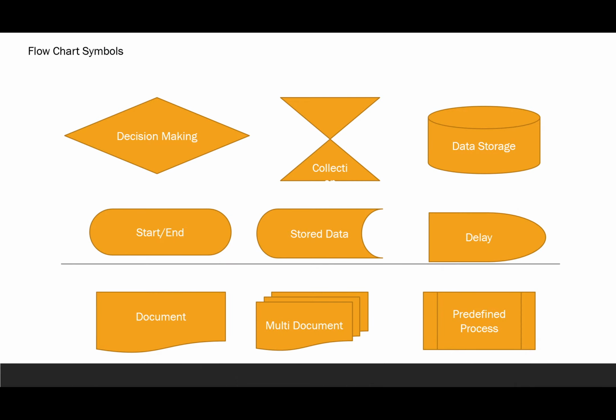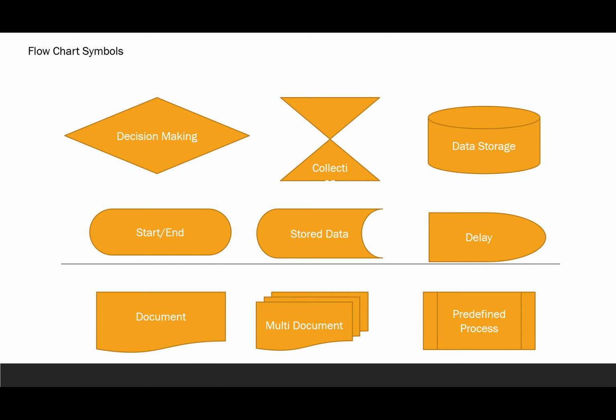Here what I have done is list some of the symbols that we use in creating a flowchart. A flowchart, like we discussed already, is a diagram which will have stepwise activities or actions that we are supposed to take to complete a process or a project.